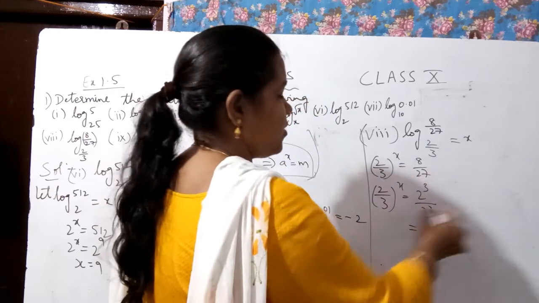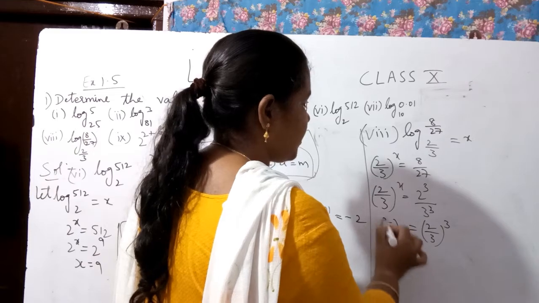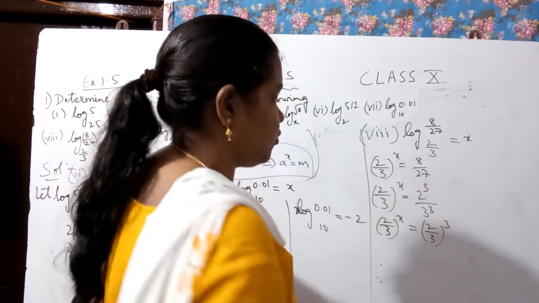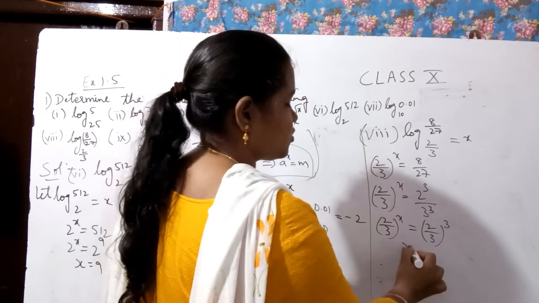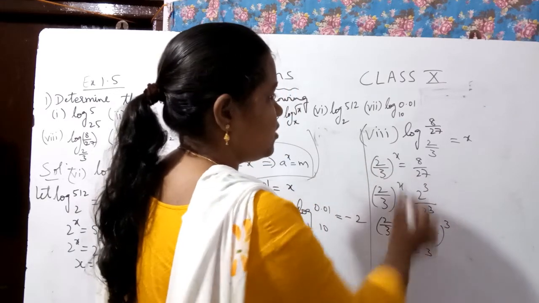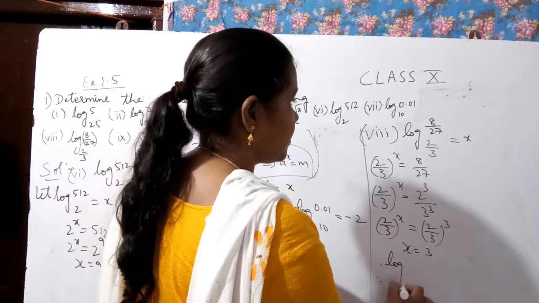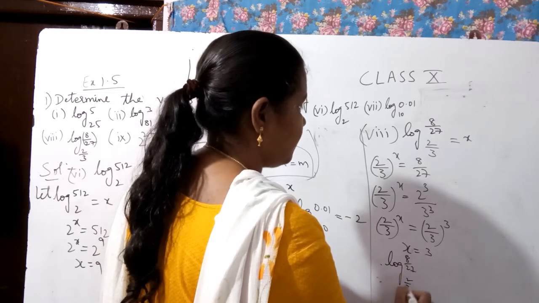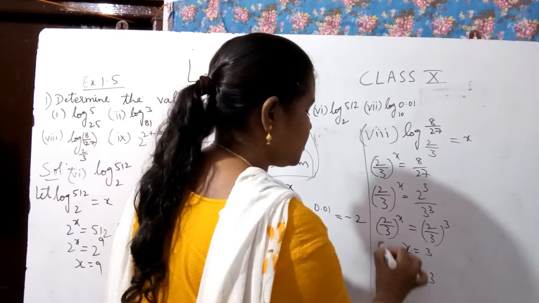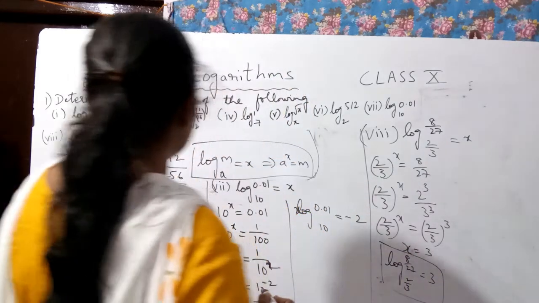I am writing the common power. So 2 by 3 whole power x is equal to 2 by 3 whole cube. Here the bases are equal, 2 by 3, 2 by 3, so equate the powers. So I will get x is equal to 3. So log 8 by 27 base 2 by 3 is equal to 3. This is the value.